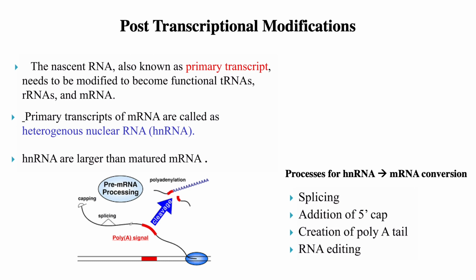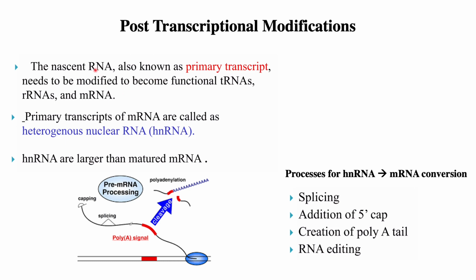So these were the major differences in the prokaryotic and eukaryotic transcription. And apart from these elements that are responsible during each of the steps of transcription, eukaryotic transcription is followed by some modifications in the new RNA sequence, that is the nascent RNA sequence, to form mature RNA sequences. These modifications are called post-transcriptional modifications.